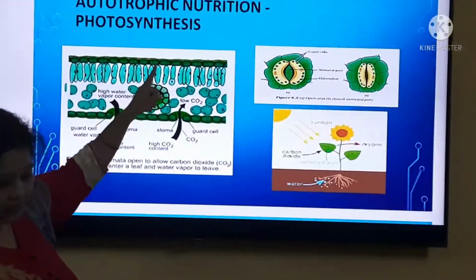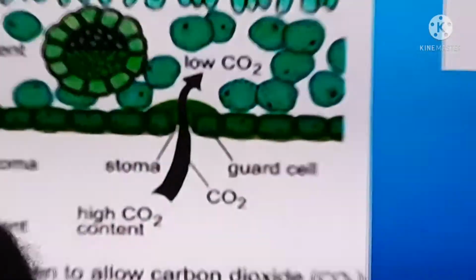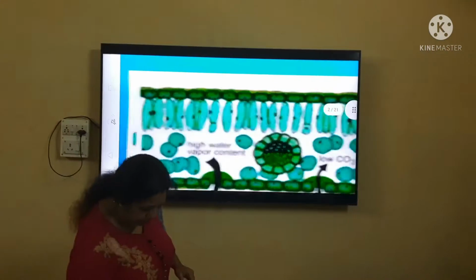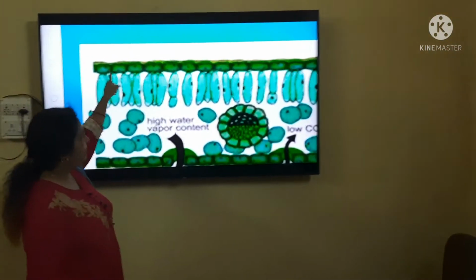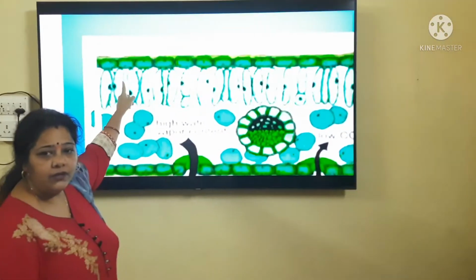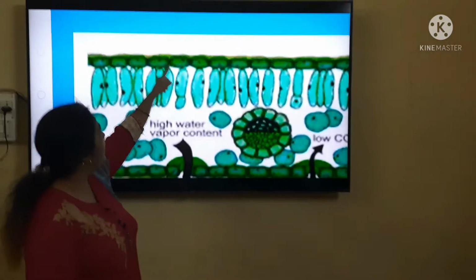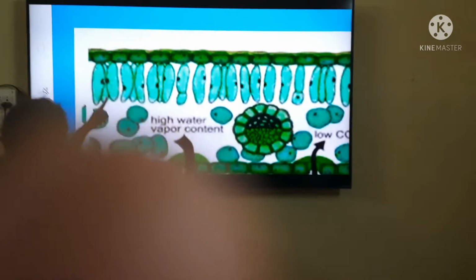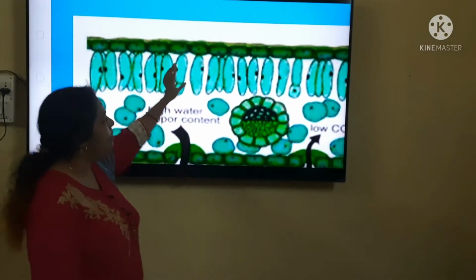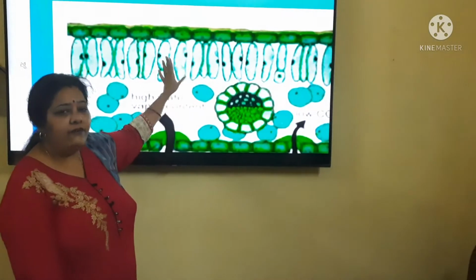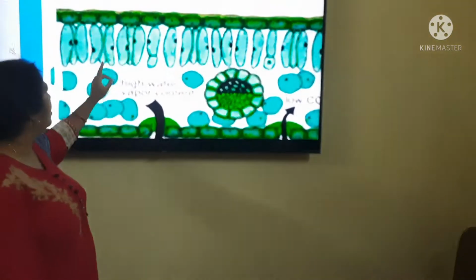Barrel shaped cells are here. Hope you are able to see. I am zooming it for you. Can you see the diagram, children? Yes, ma'am. So this is the barrel shaped cell, and these are the elongated cells. These are all parenchyma cells. We have studied them in 9th standard also.